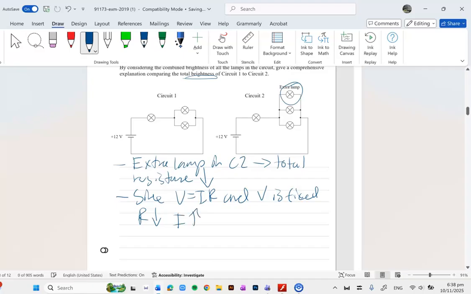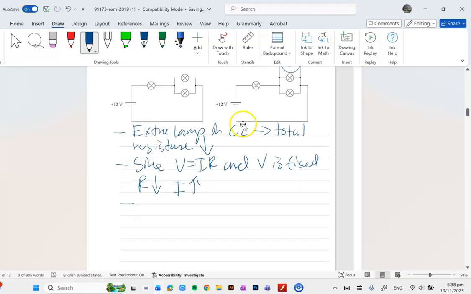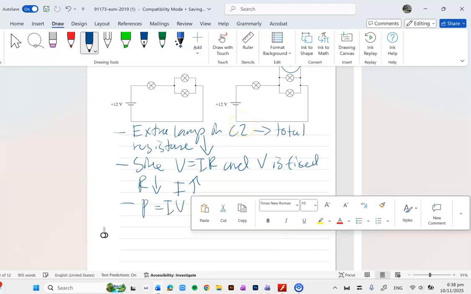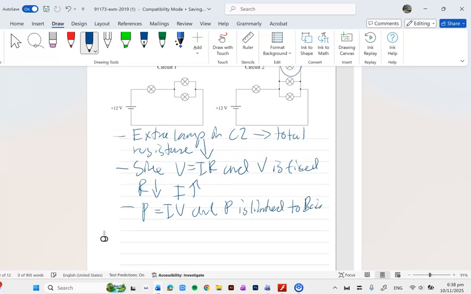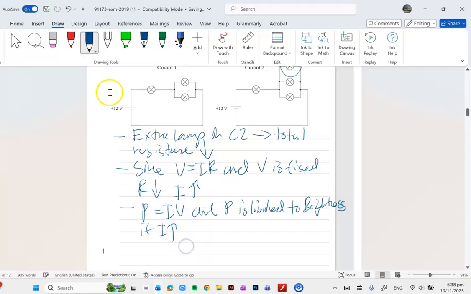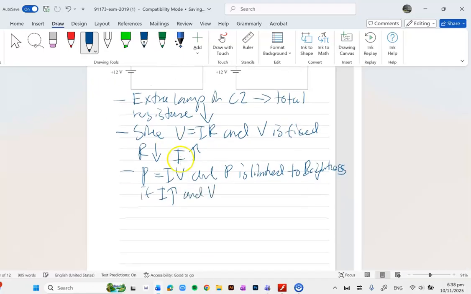P equals IV, and P is linked to brightness. If I goes up and V is fixed, then P increases, so brightness increases, so C2 is brighter.